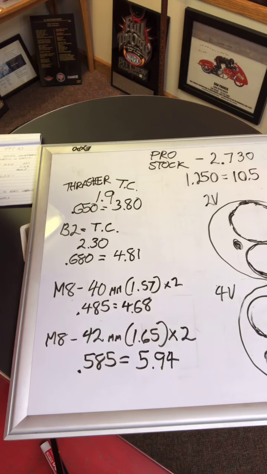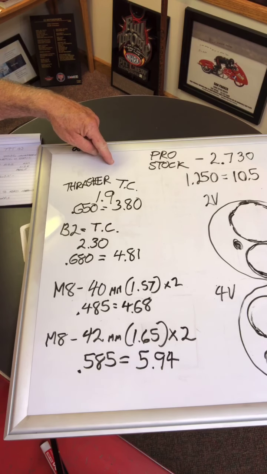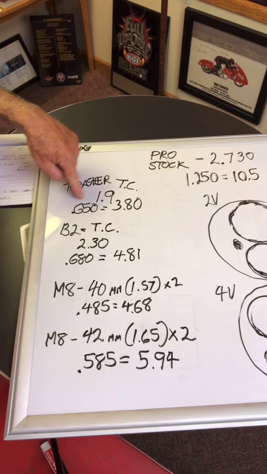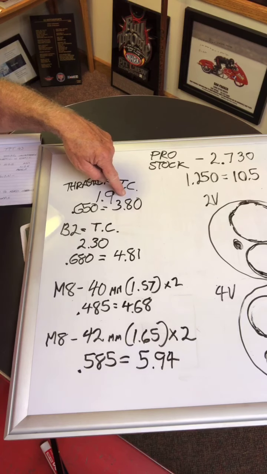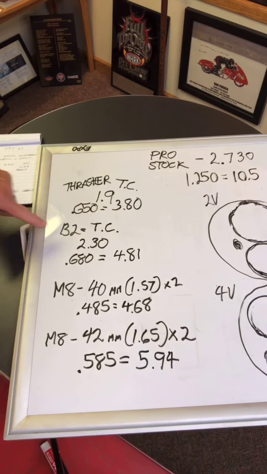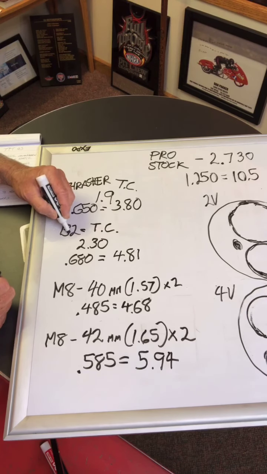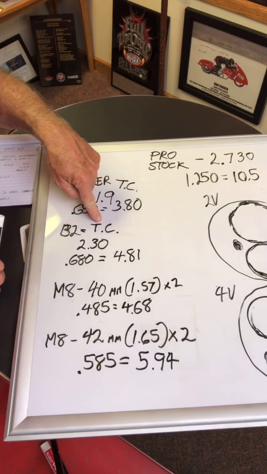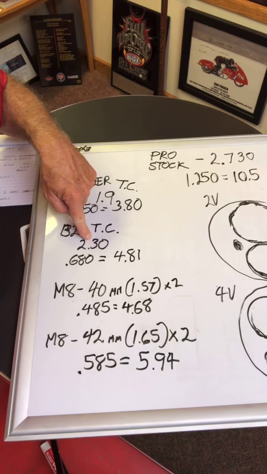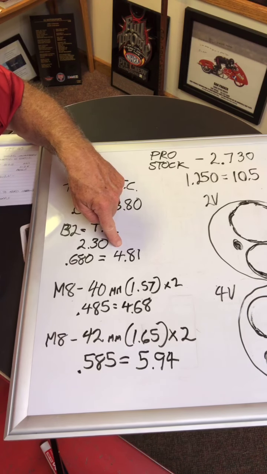Thrasher. 1.9 valve in a twin cam Thrasher with a 650 lift gives me 3.8 inches of curtain area. 3.8 inches of curtain area, okay? A B2, this is supposed to be a B, not a 132. A B2 S&S head, twin cam, with a 2.3 intake valve and a 680 lift cam gives us 4.81 inches of curtain area.